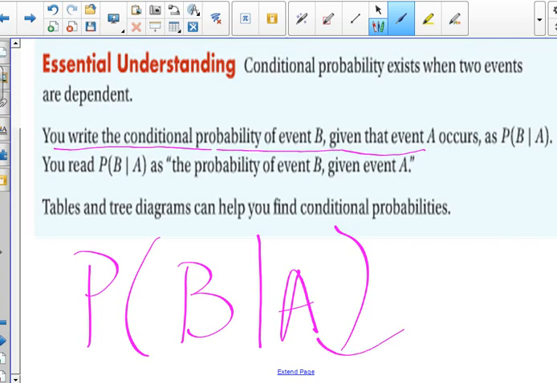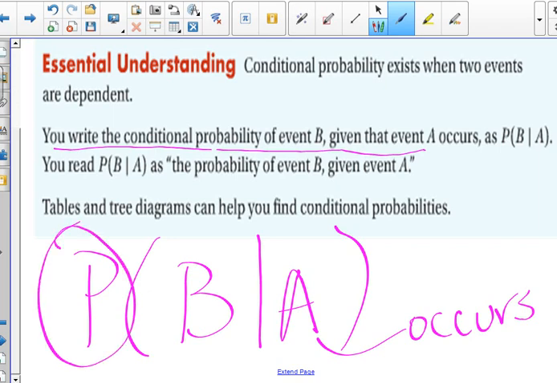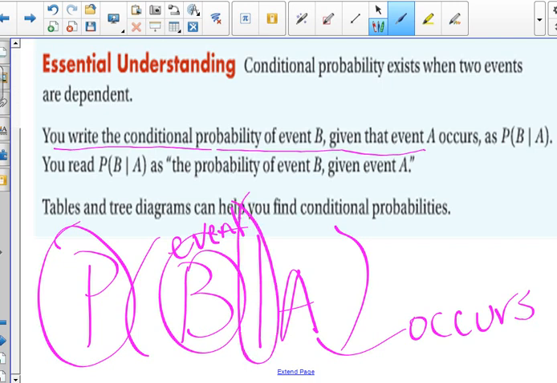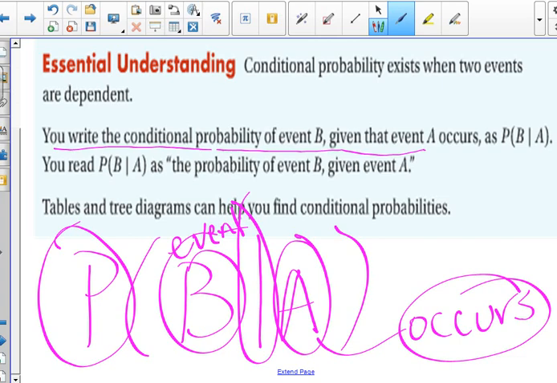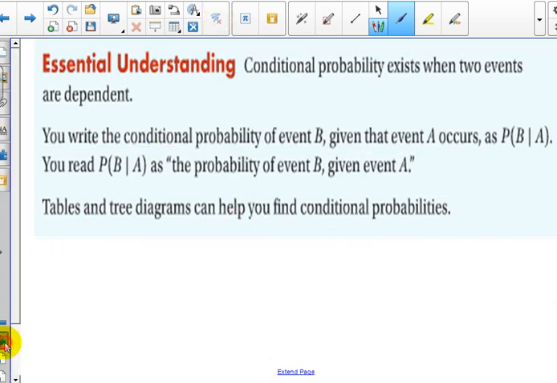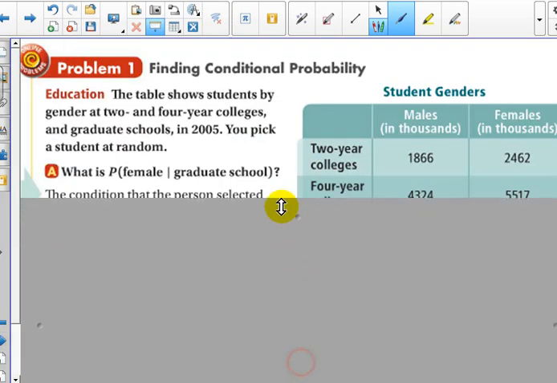And this event A occurs. The conditional probability of event B given that event A occurs. So that's how we read these. Now, let's move on and see how we work them.